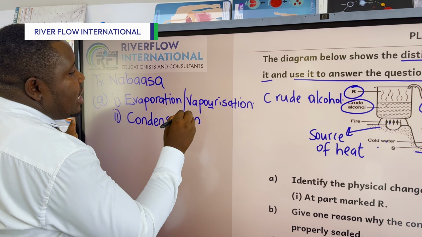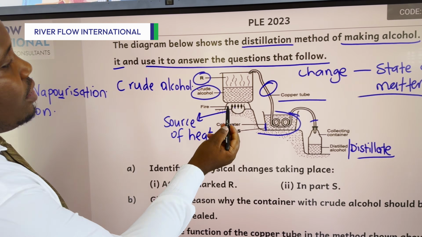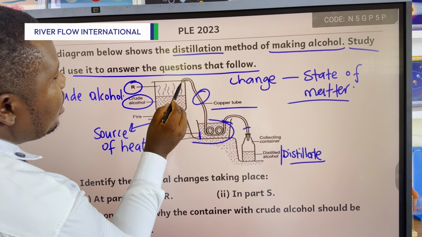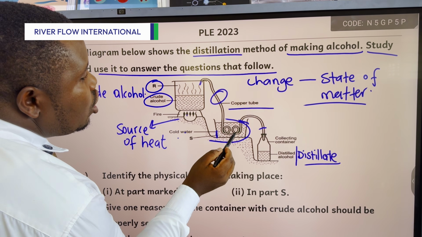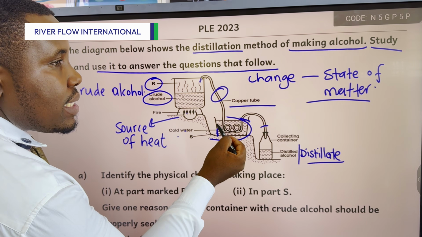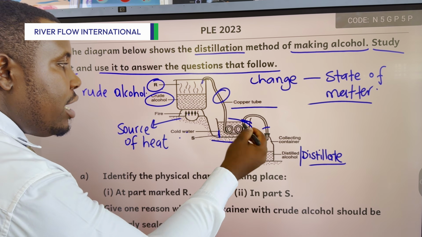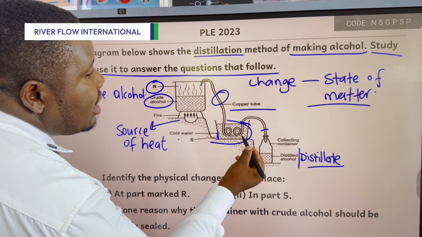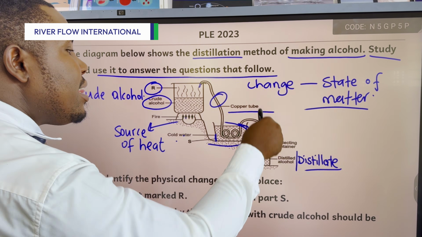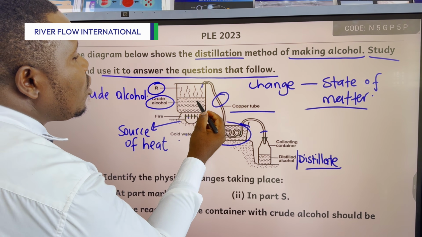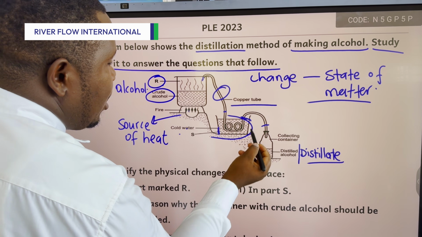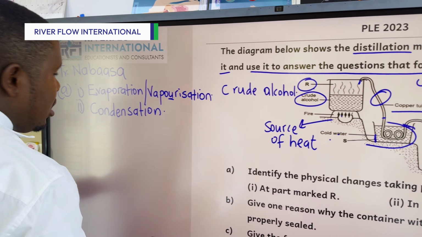Why are we saying that? Because when this vapor comes, it will pass through this tube here, and it will condense, or change from vapor to liquid. And then this liquid will continue and come here. That's why we have a liquid here, yet the liquid stopped here, and we have vapor. So we know that condensation actually happened in this part.